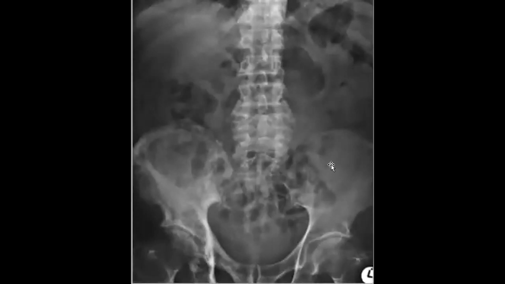So this is one of the commonest findings in the checklist of the abdomen, in the soft tissue.